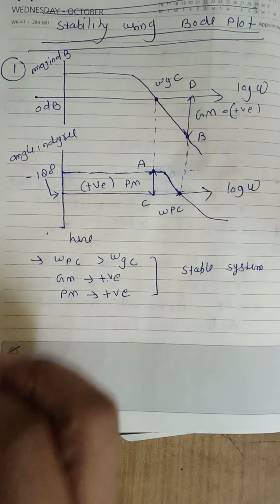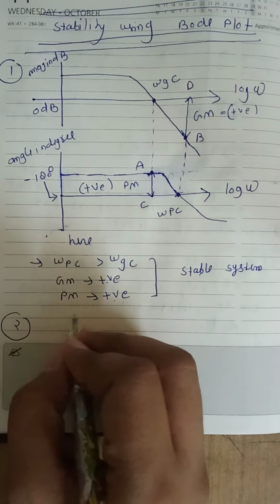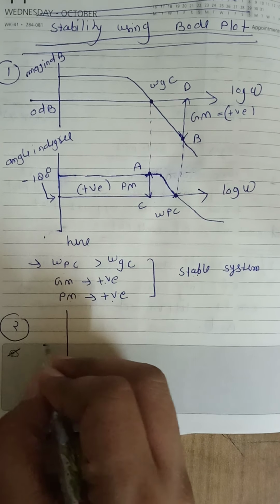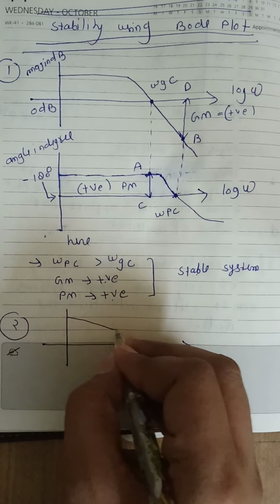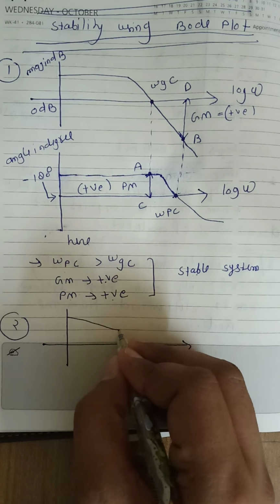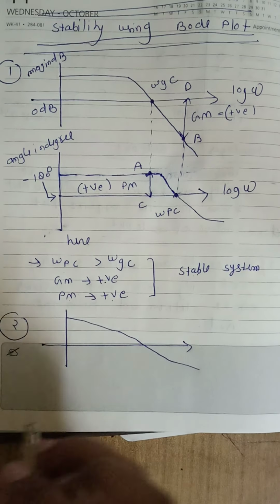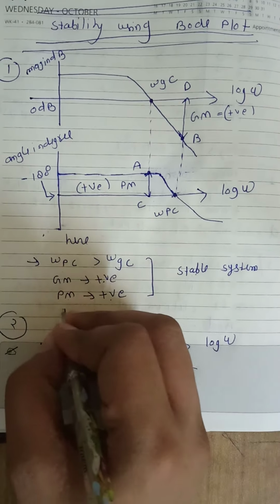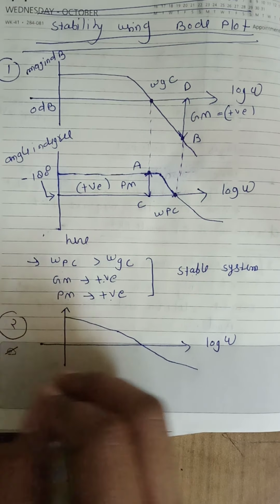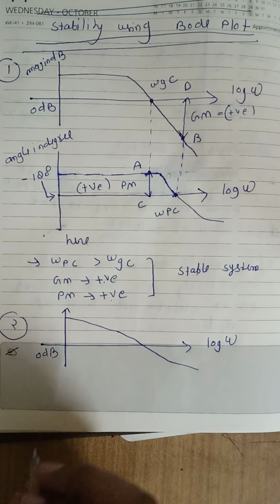Now let us see the second condition. Suppose we have a magnitude plot like this. Horizontal will define log omega, vertical will define magnitude in dB, and the reference line will define the 0 dB line.